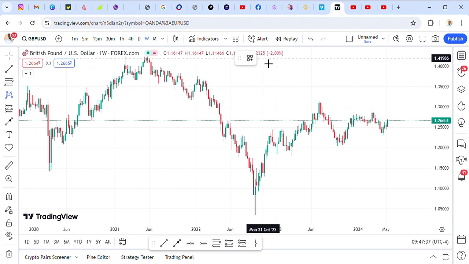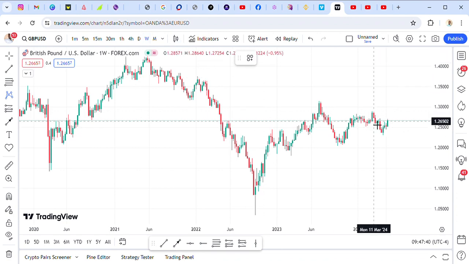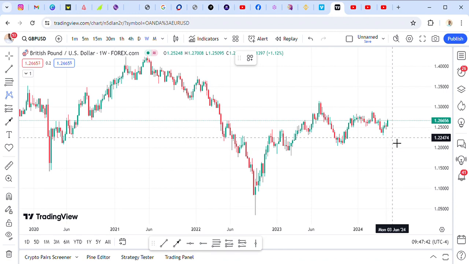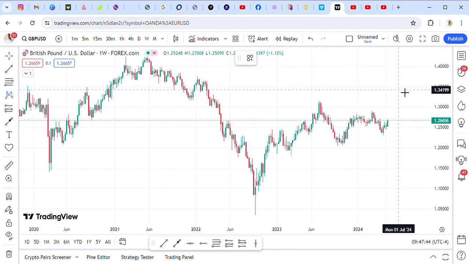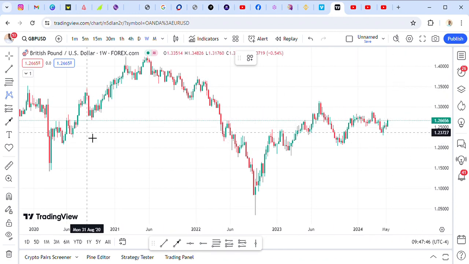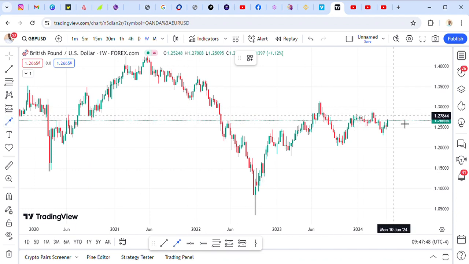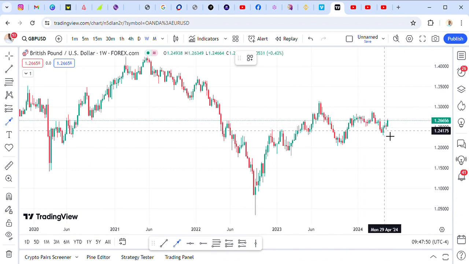So all this drop that happened here was just some drawback that the market has to do before it goes really up, and it's very amazing. It's dynamic, some have lost money in the process.